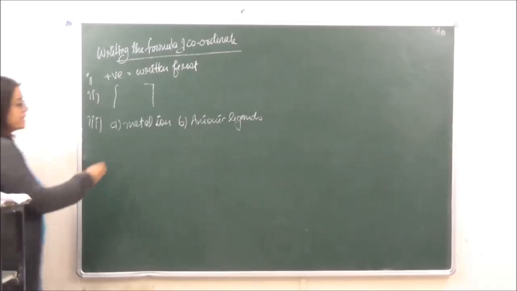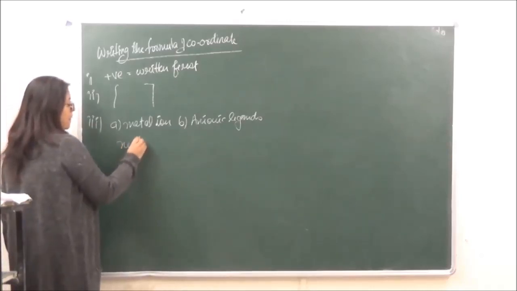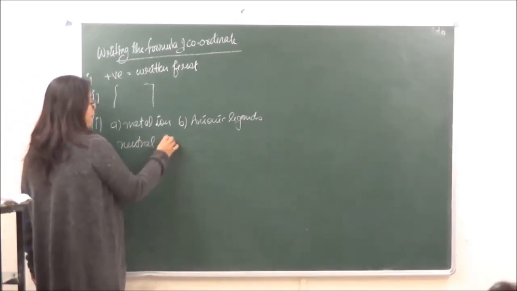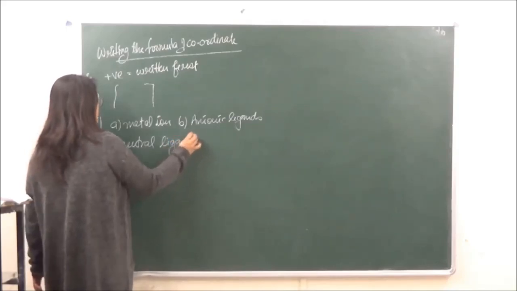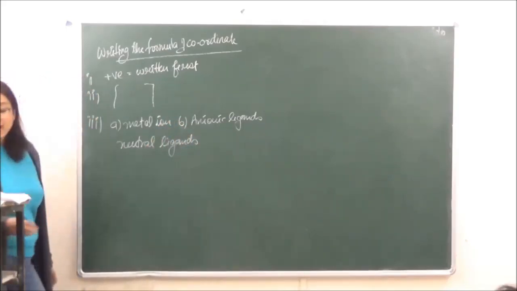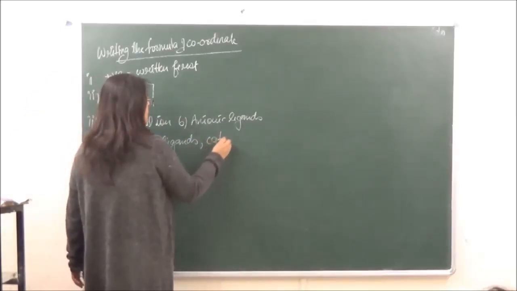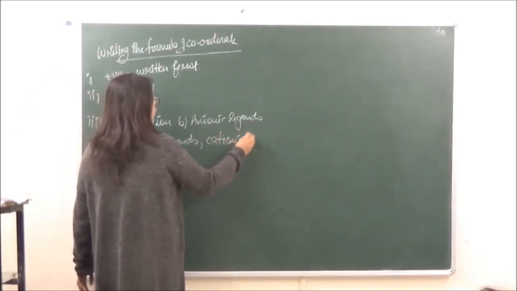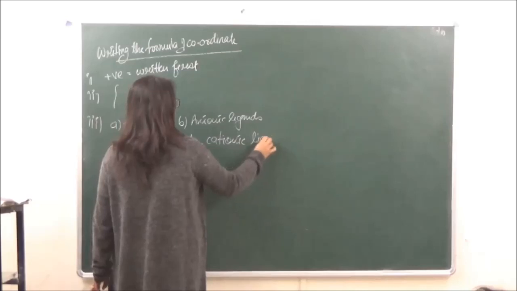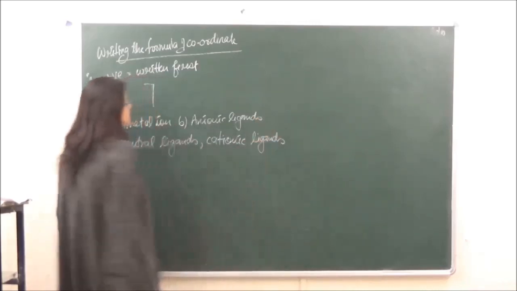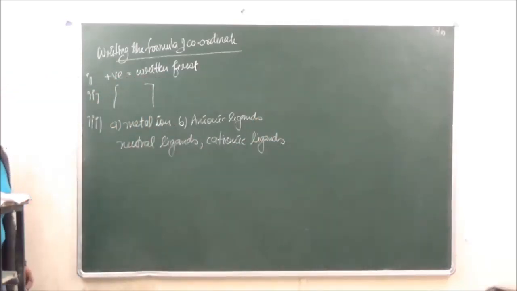Then neutral ligands. Okay? And after that, you're going to put cationic ligands. So this is again for heteroleptic: metal ion, anionic ligands, neutral ligands, and then we are going to put the cationic ligands.